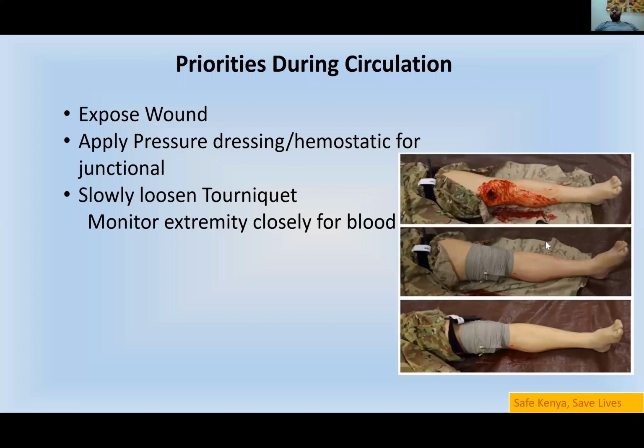While we're doing that, you want to slowly loosen the tourniquet. You don't want to just release everything. Slowly loosen the tourniquet, so if it does start bleeding and it's very pronounced, we can tighten that tourniquet back up and we'll just leave it at that.